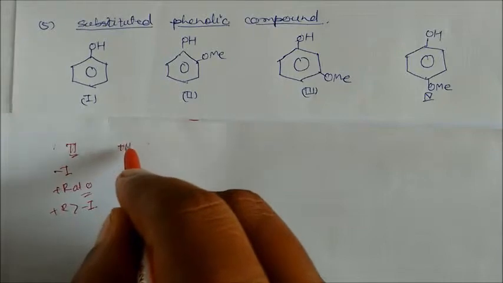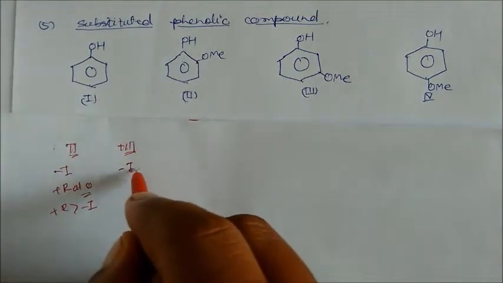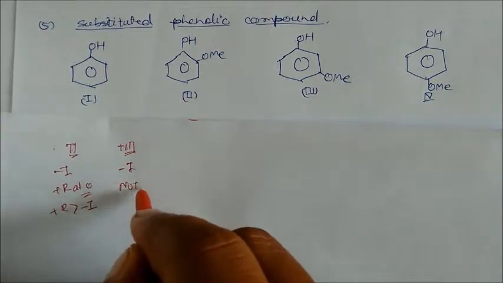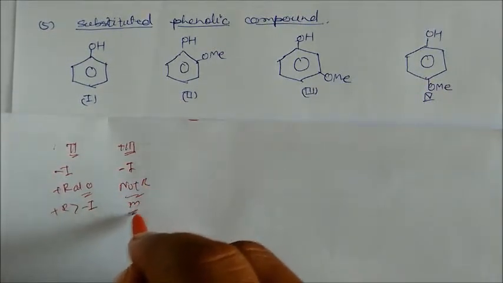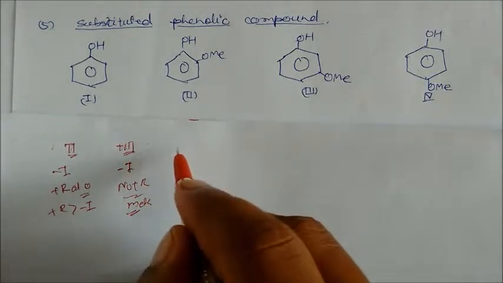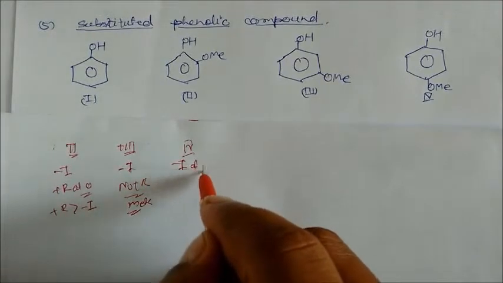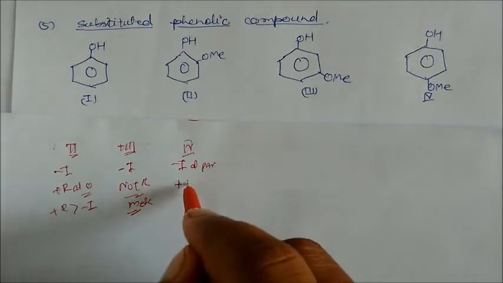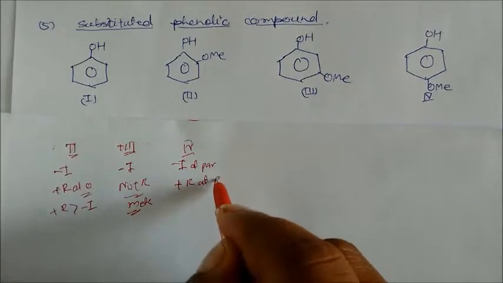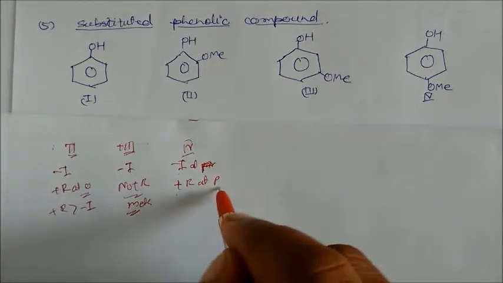Now in the case of the third, there is a minus I effect but no plus R effect because of the meta position. In the fourth case, there is minus I at the para position, and also plus R at para. So there are two effects, minus I and plus R at para.